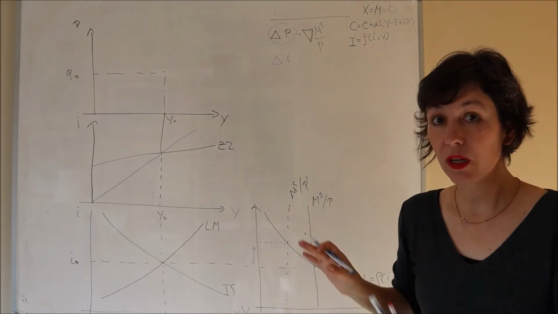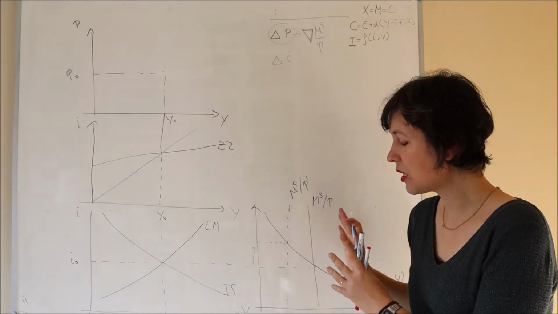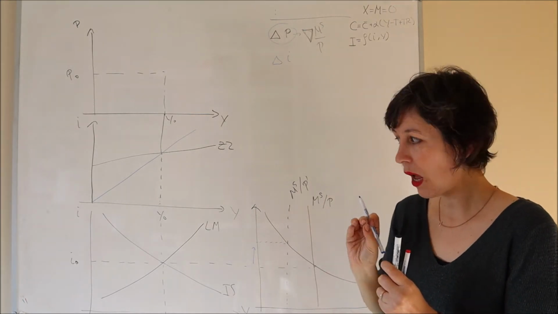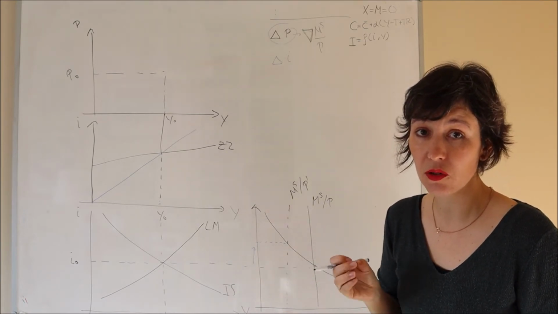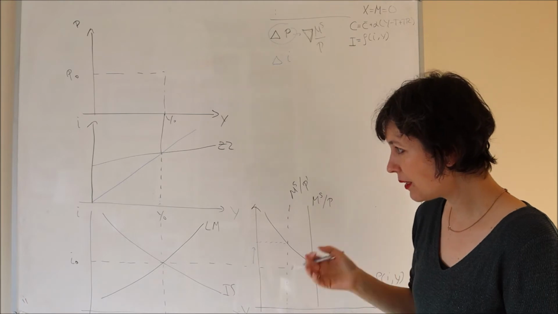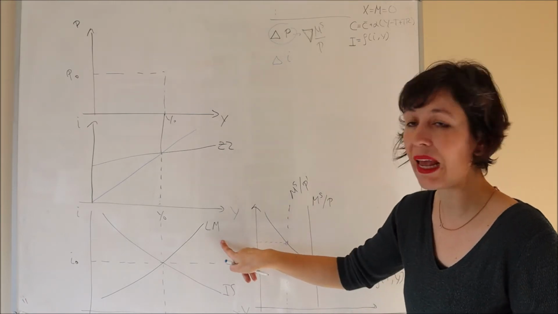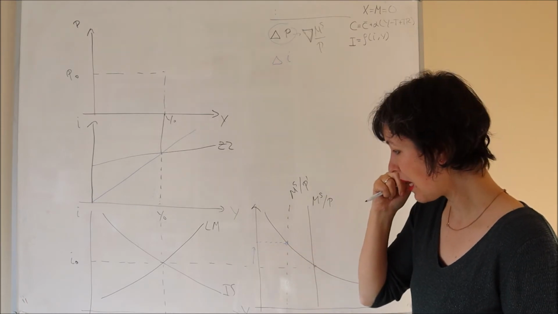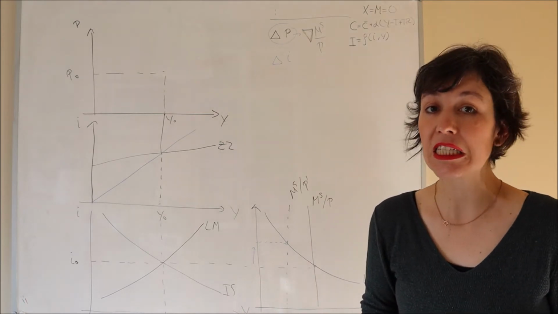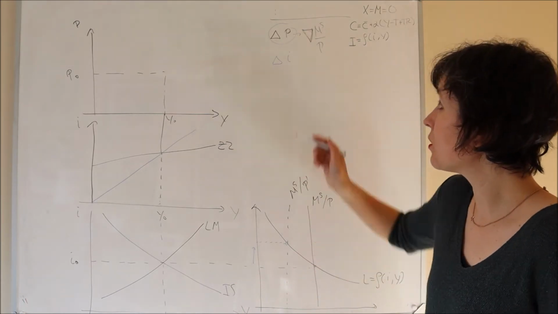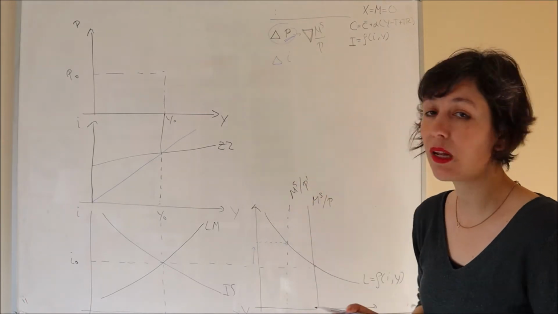Here we are observing a change in the equilibrium interest rate, and whenever we talk about the LM curve, we are talking about the equilibrium interest rate. So let's see the effect of this change in the money market on the LM curve. In this case, the original level of production didn't change, because what has changed is the price, not the level of production.